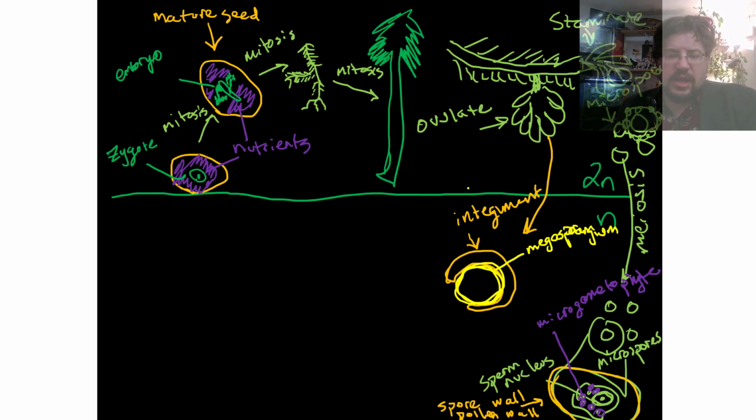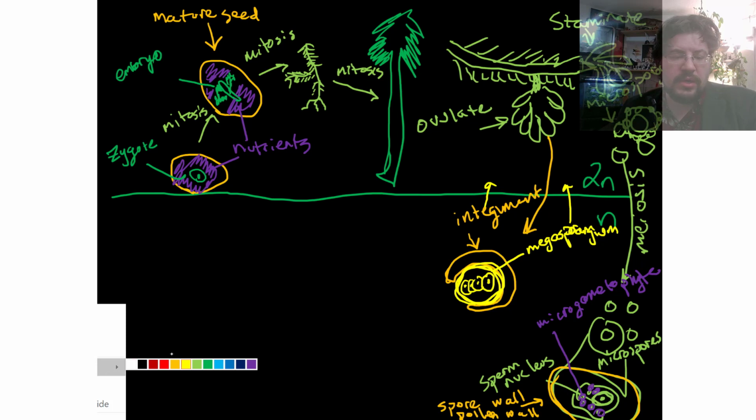Technically integument and megasporangium should be like here on the diploid side, but I am totally out of space on the diploid side, man. So, the megasporangium produces the megaspores. We get 4 of them because meiosis, but, you know, only one can survive.